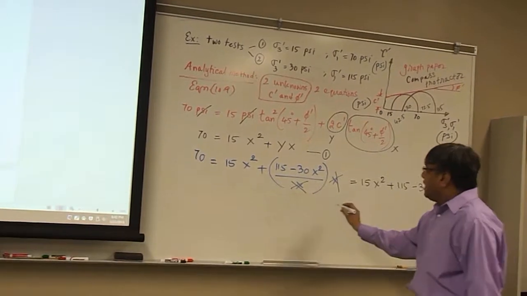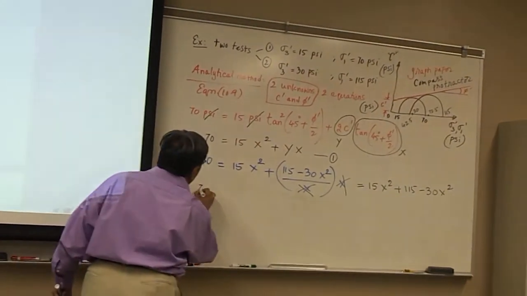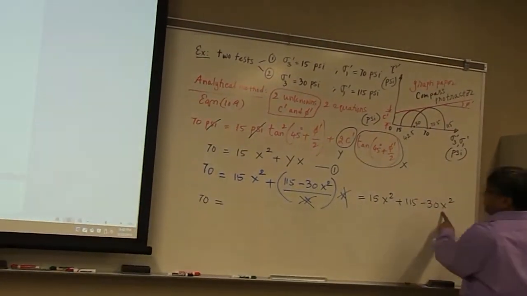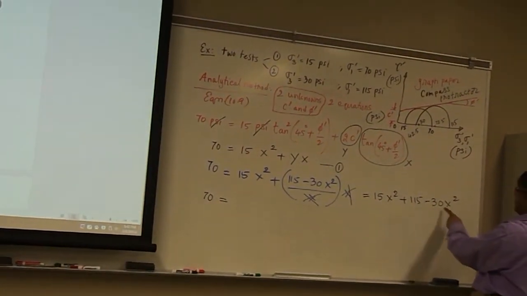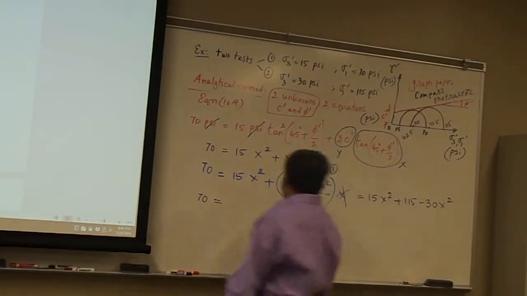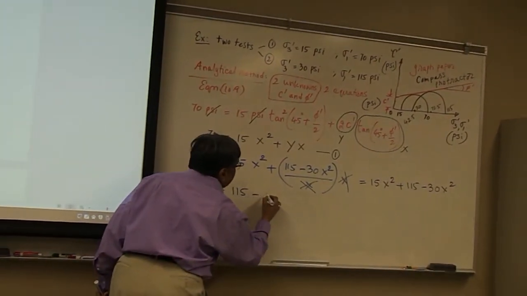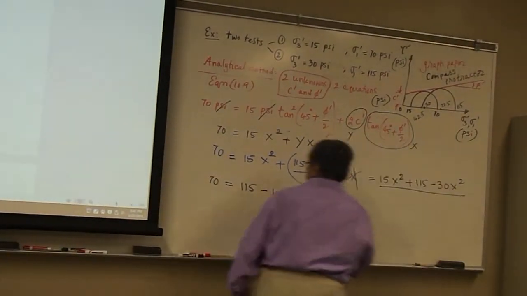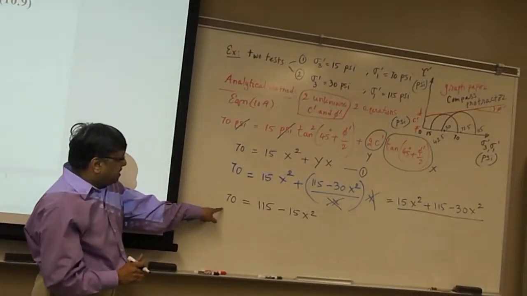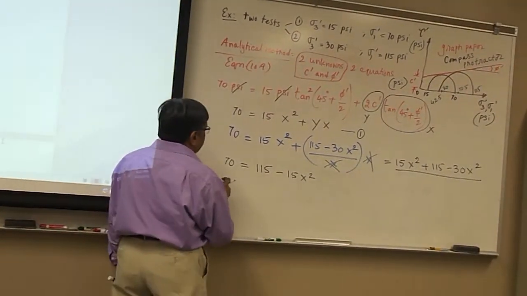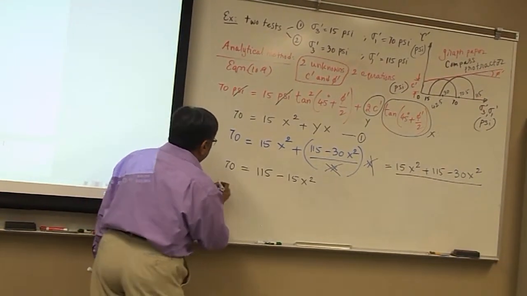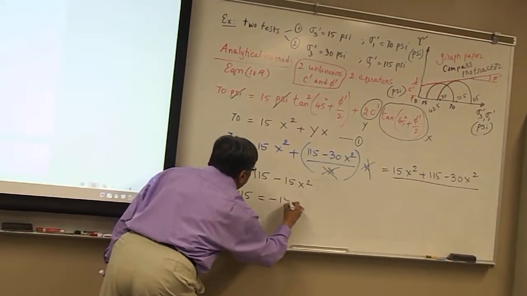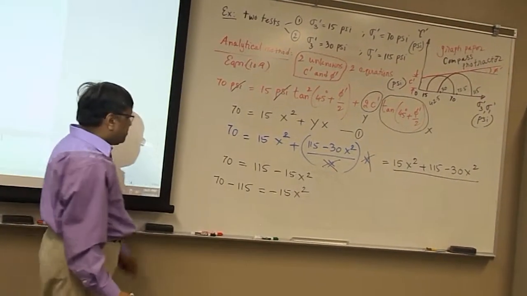That means this is simply 70 is 15 x squared minus 30 x squared. That means minus 15 x squared, 115 minus 15 x squared from this. If you are okay with that, so that means this 70 minus 115 is minus 15 x squared. I think you agree with me on that step.